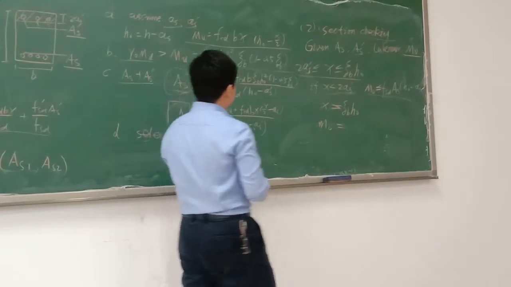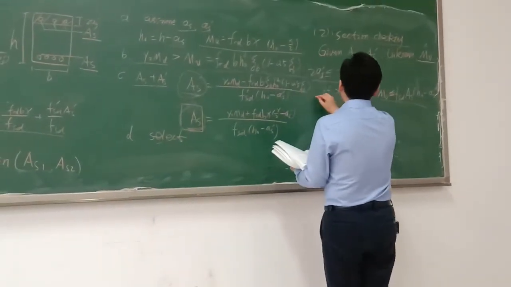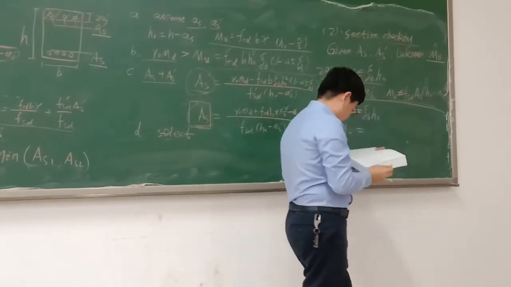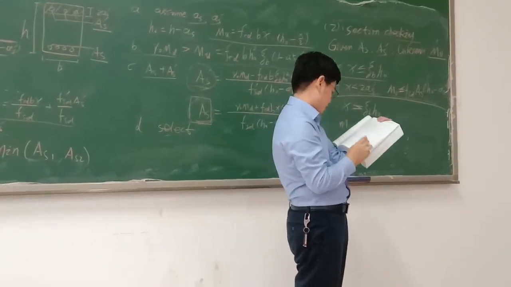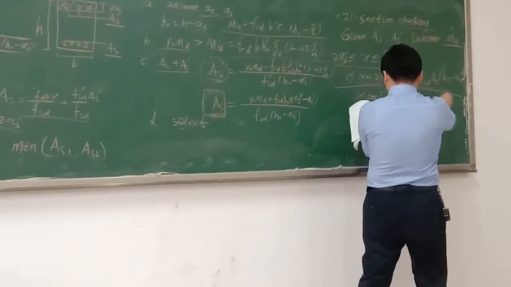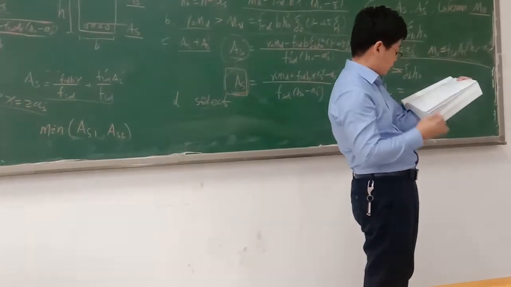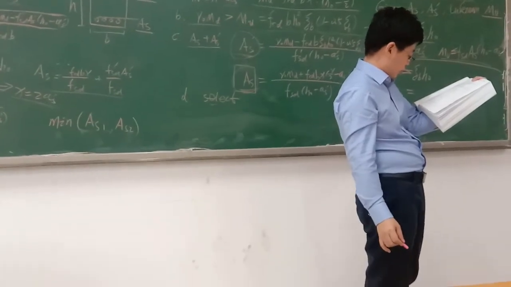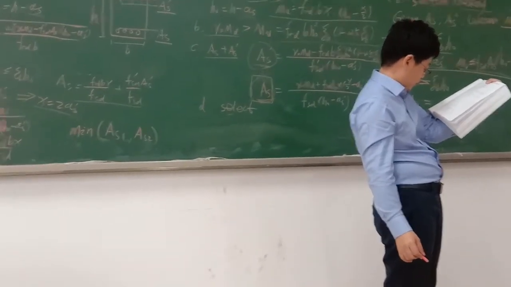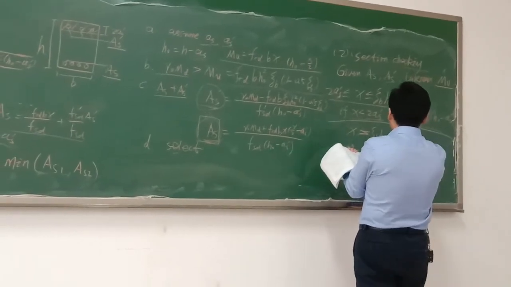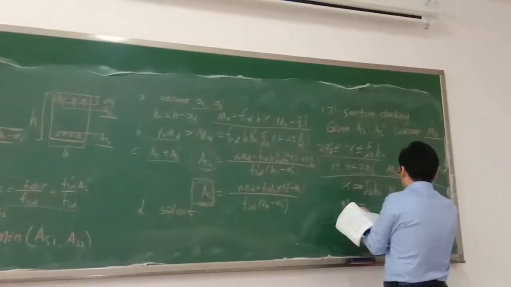For this condition, your book tells another part. Once we got this, we also use the singly reinforced rectangular section calculation for mu. We call this mu1 and mu2.